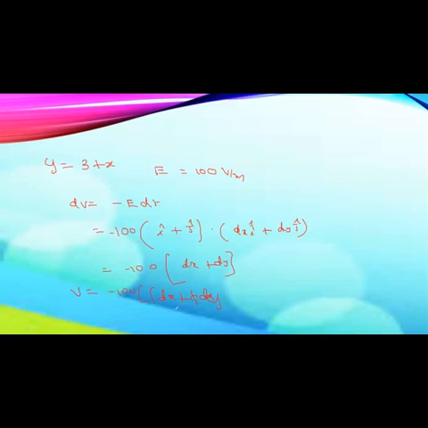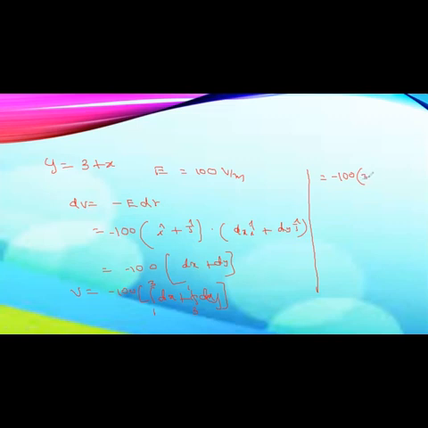By substituting the variation of x, see here the points are given 3, 1 and 1, 3. So in x the variation is 1 to 3, and for y the variation is from 3 to 1. So this will be minus 100 into integral dx from 1 to 3, in the sense integral dx is x only.